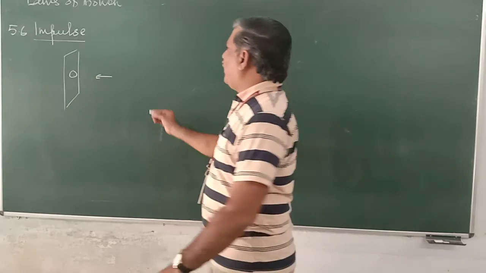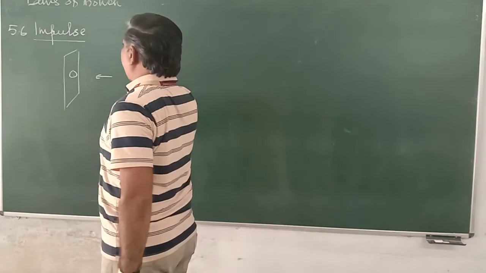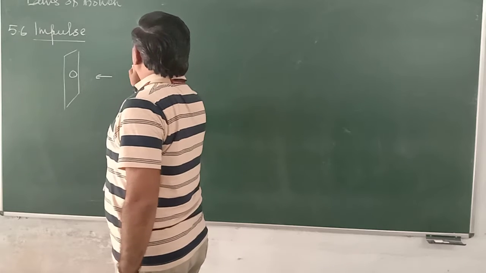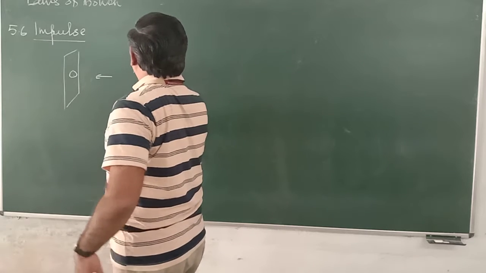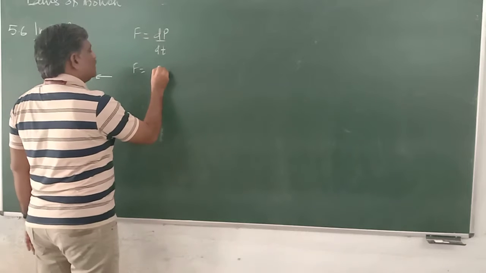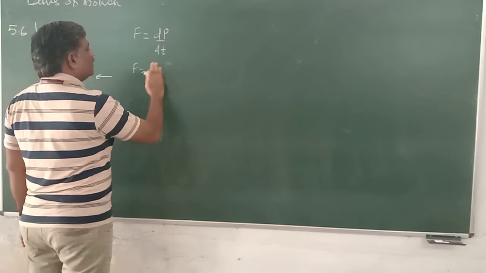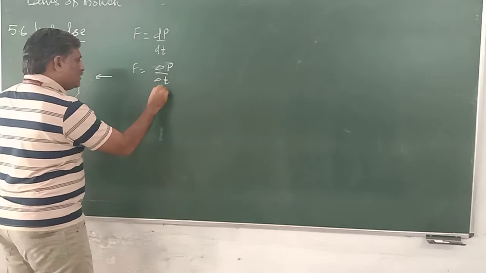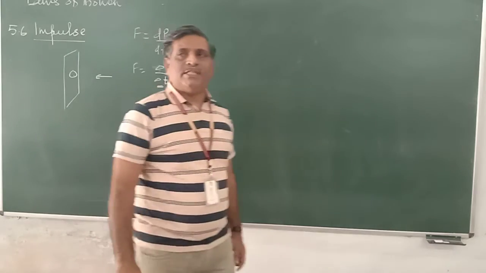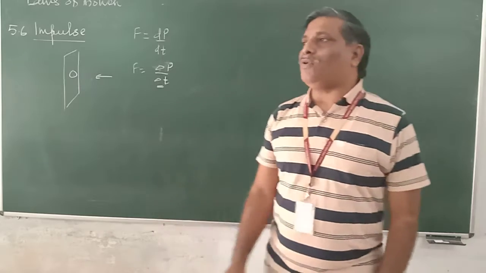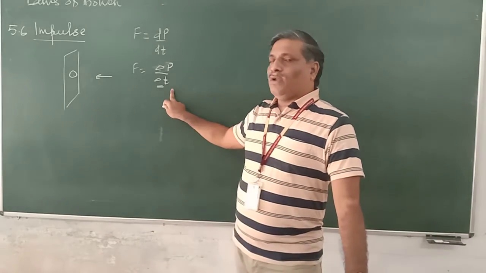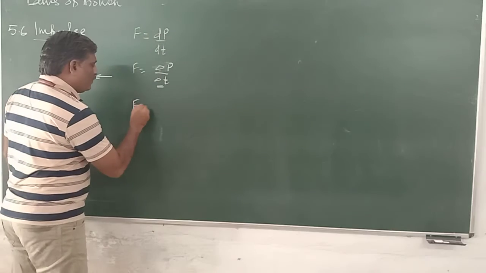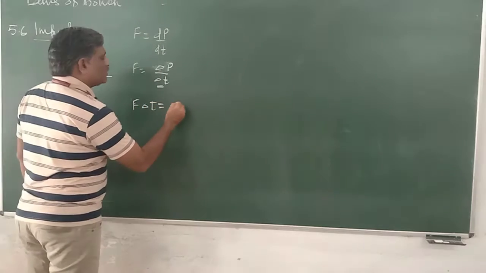Therefore, for this time delta T, we all know F is equal to dP by dt, the change in momentum divided by the change in time. This delta T is very short, so it becomes impossible to measure. When that becomes impossible to measure, F delta T is possible to measure.